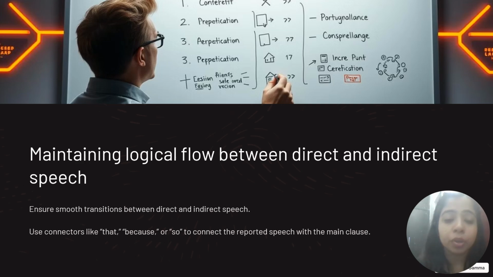When I say logical flow, it means the meaning of the sentence should be intact, it shouldn't get changed. Use connectors like that, because, or so to connect the reported speech with the main clause. These words will help you to keep the meaning intact and to make yourself understood.